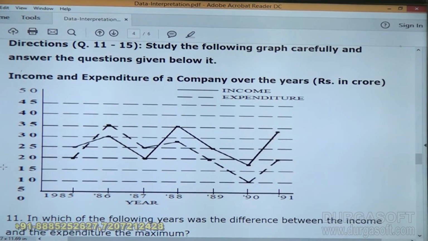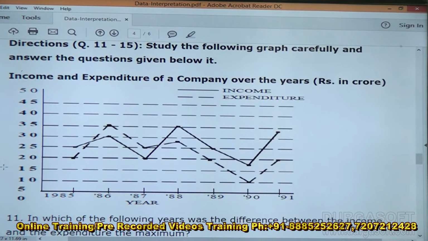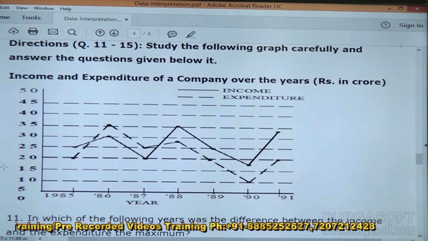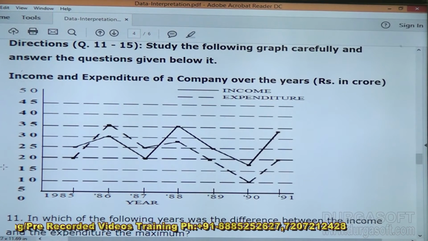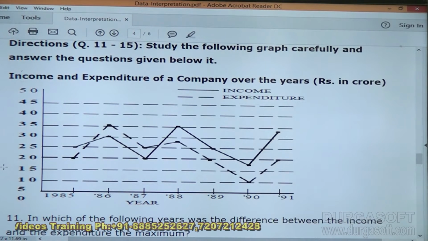First I look at only the incomes. Incomes are given for the years 1985, 1986, 1987, 1988, 1989, 1990, 1991.